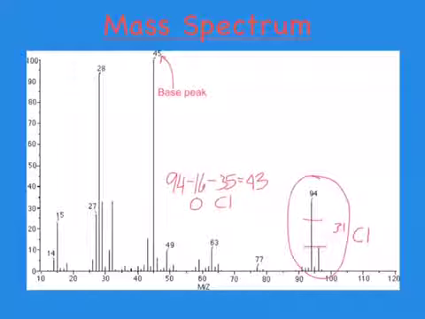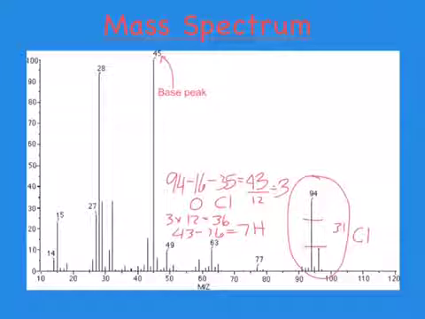This gives 43. Divide 43 by 12 to determine the number of possible carbons in the molecule, which turns out to be 3. What's left over is the number of hydrogens, since they each have an atomic mass of 1. So our molecular formula will be this.